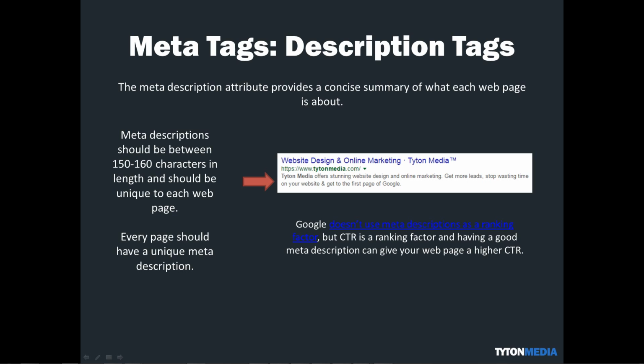Because as you can see from this top image here, Google highlights keywords in the meta description that match the searcher's keyword, which can increase the CTR just by making it stand out more in the search engines. So it's very important to have a meta description on every page that's unique, and it should be between 150 and 160 characters long.